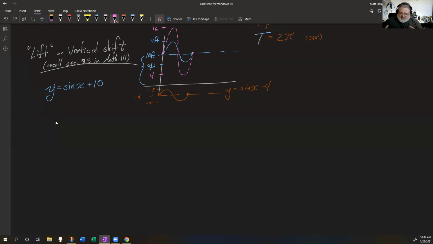Anytime you're trying to affect the y values, notice our x's really aren't changing much. The x's, the width and the start position haven't changed yet. Those tend to be pretty easy to change. Changing left and right, changing the stretch and the start position, those tend to be more difficult.